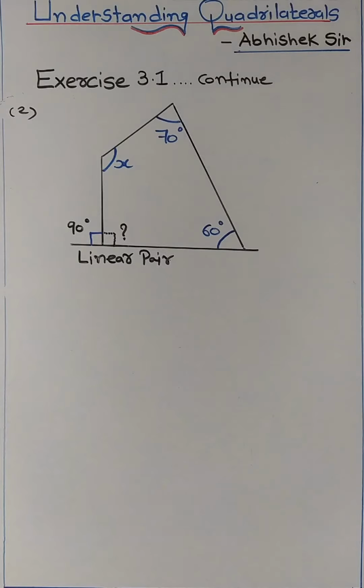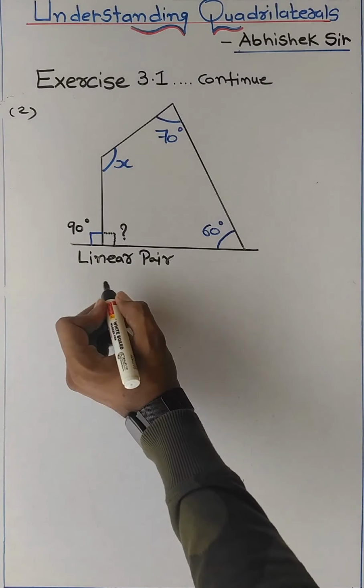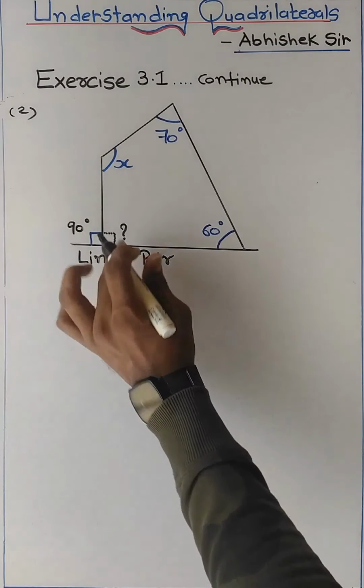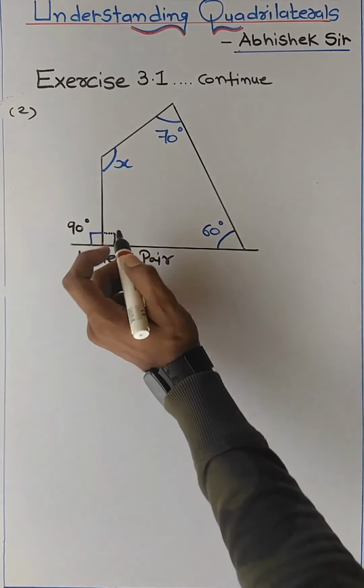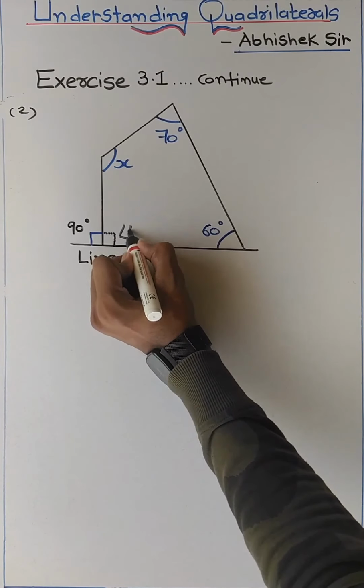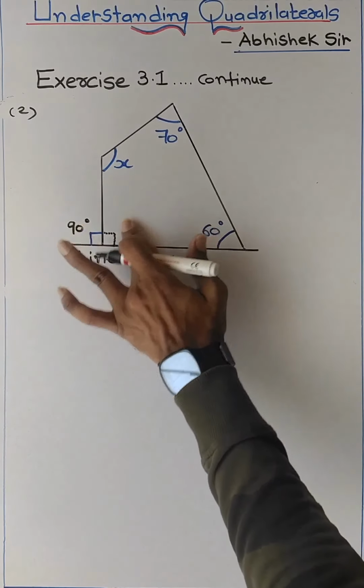Even if you haven't learned, let us quickly see how you can find out this angle. So linear pair property says, let us name this angle as angle 1.